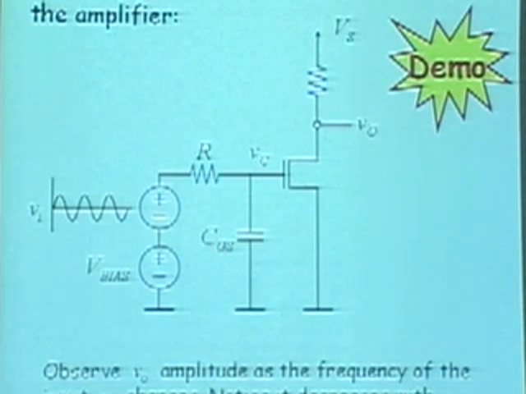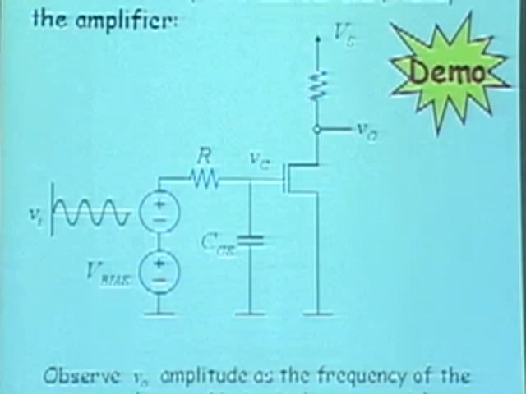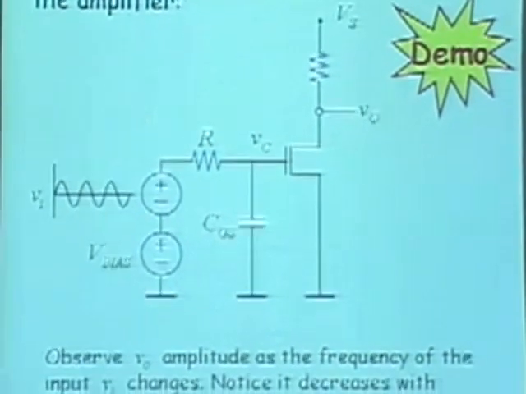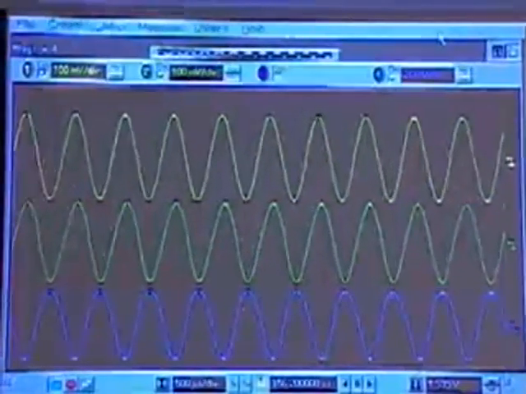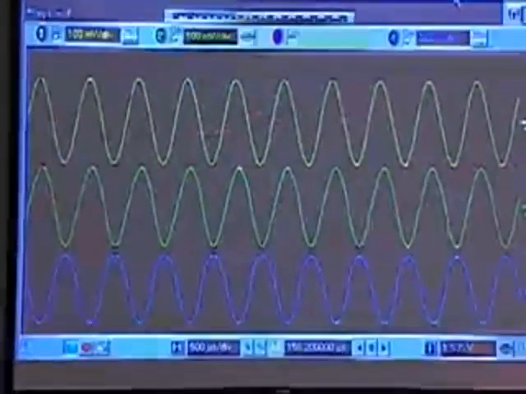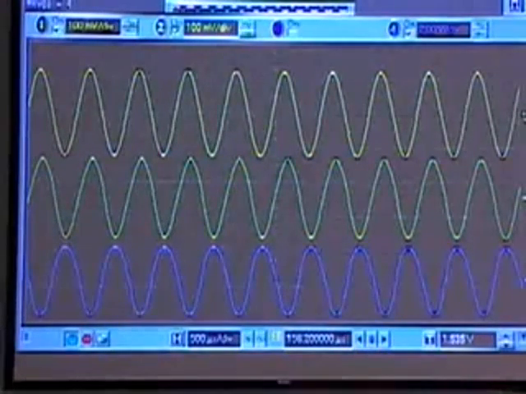Switch over to that view graph while I show you a little demonstration here. What you see here is 3 sine waves. A yellow sine wave, which is the input here. You see a green sine wave, which is the voltage VC at the gate of the MOSFET.